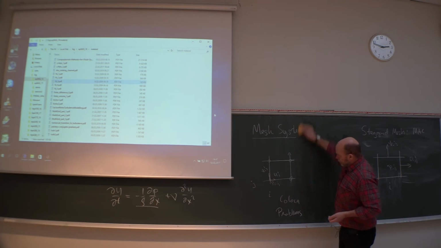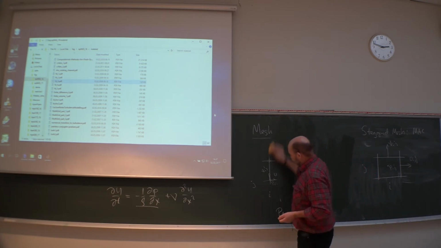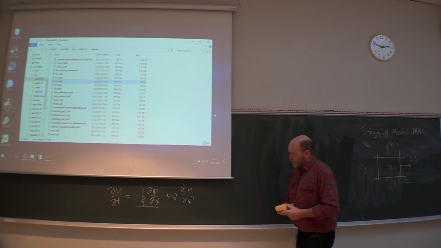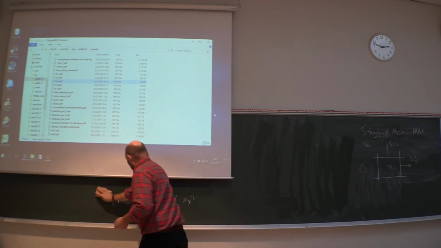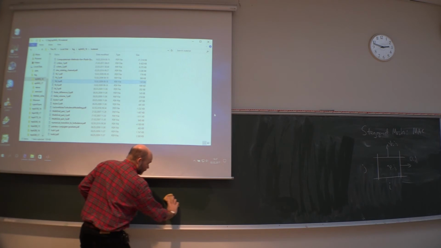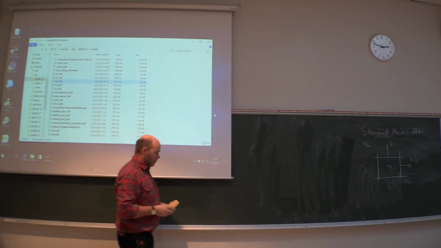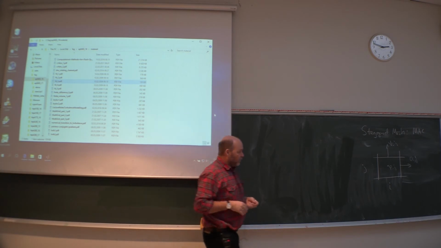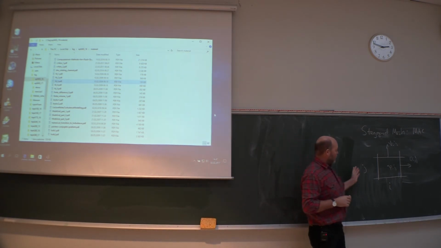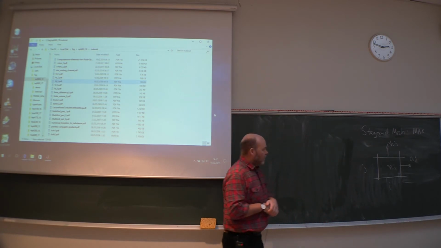It can be a little inconvenient to have your unknowns located at different points. A little bit of bookkeeping, and you need to have that figure quite clear in front of you when you are starting to discretize your equations.